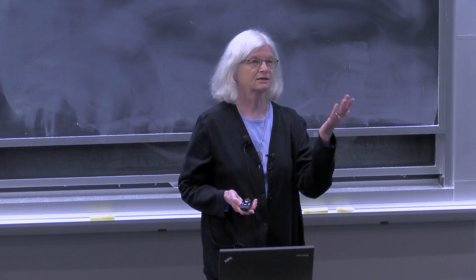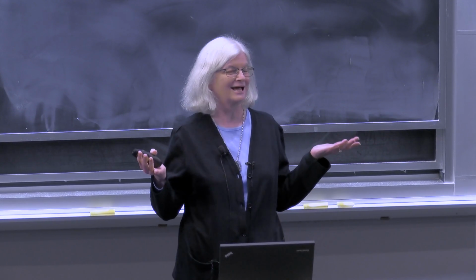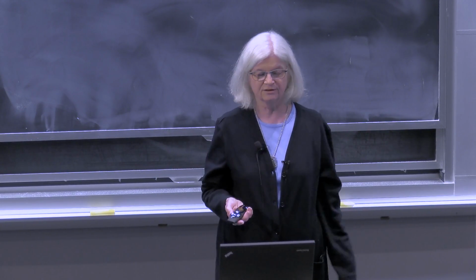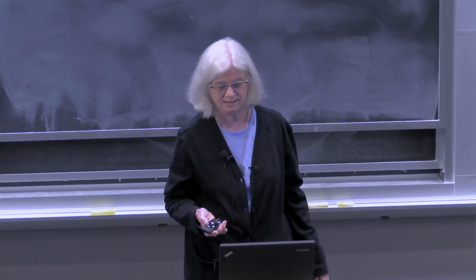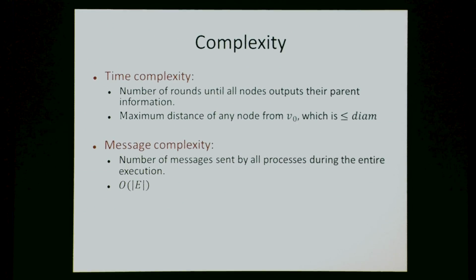And again, if there's a tie, you can pick any of the nodes that sent the information leading to the best new guess. You can set your parent to any of those. And then this just repeats.